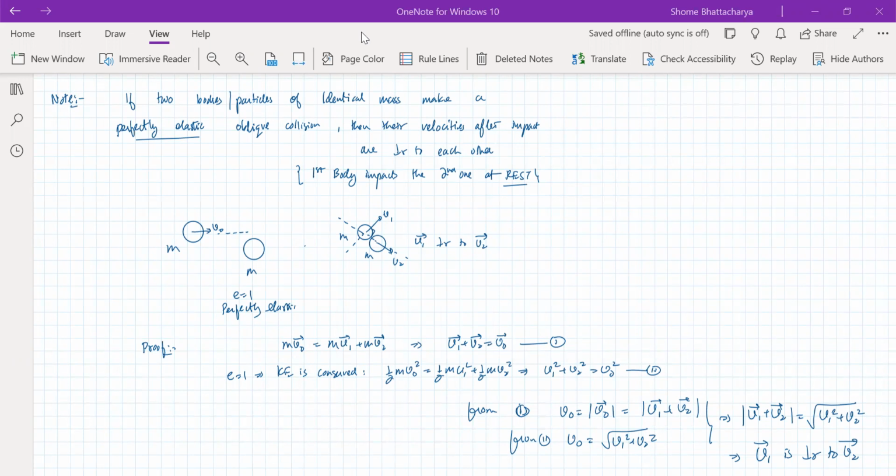Done, sir. Right. So this theorem can be then directly used in these type of questions. Okay, let's do an example.